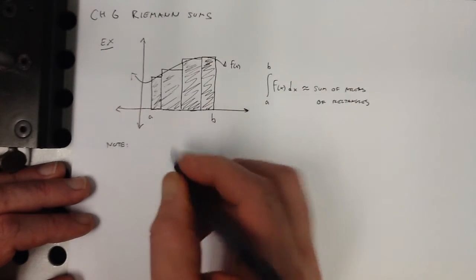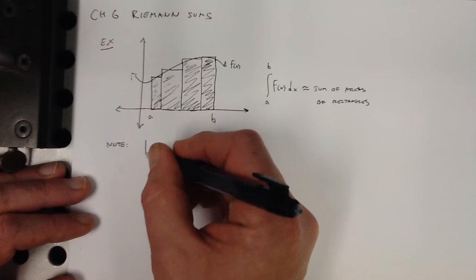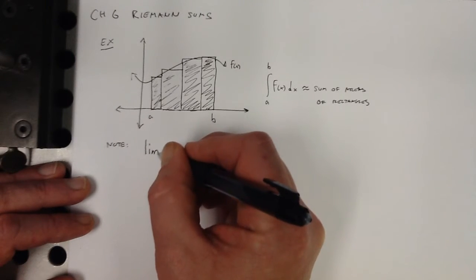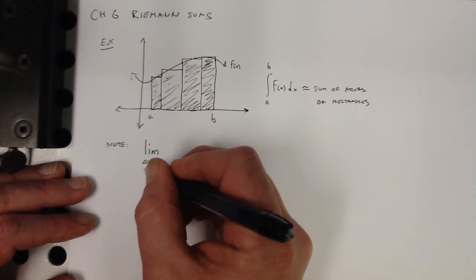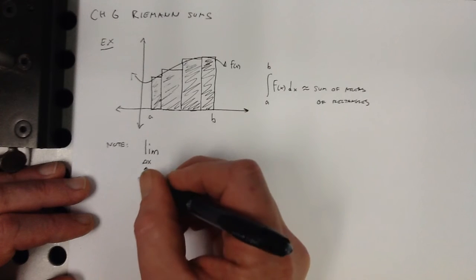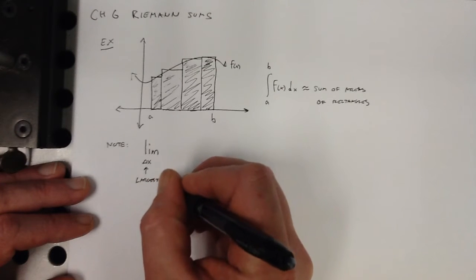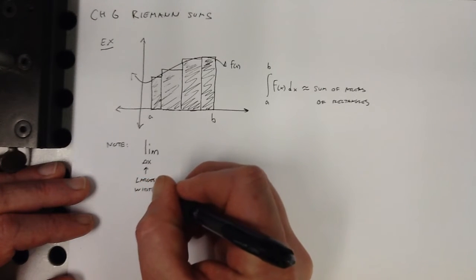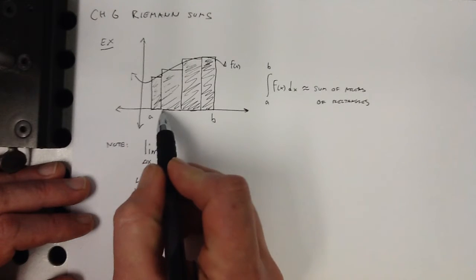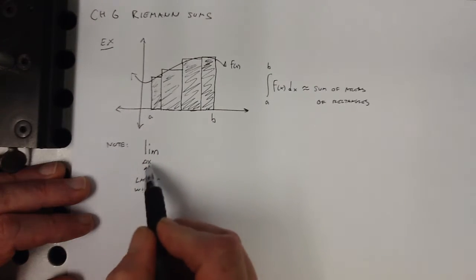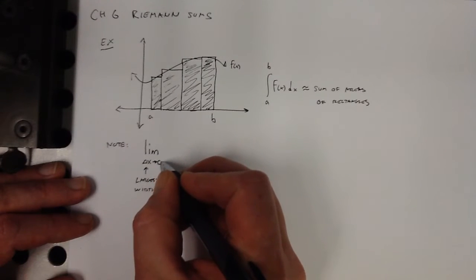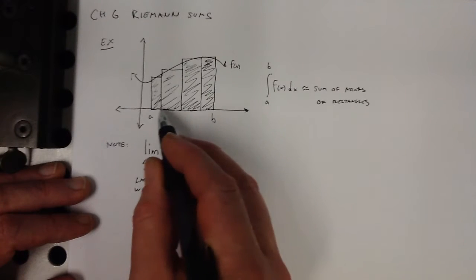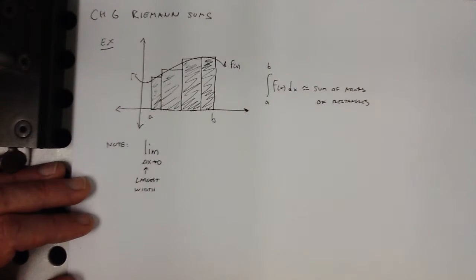Or, in other words, if you let the limit of delta x, where delta x here we mean we'll let this be the largest width of any rectangle. So here our delta x would be this one, right? So let delta x just be the largest width of any of the rectangles. If we force the largest width to approach 0, that's going to force the number of rectangles to go to infinity, right?